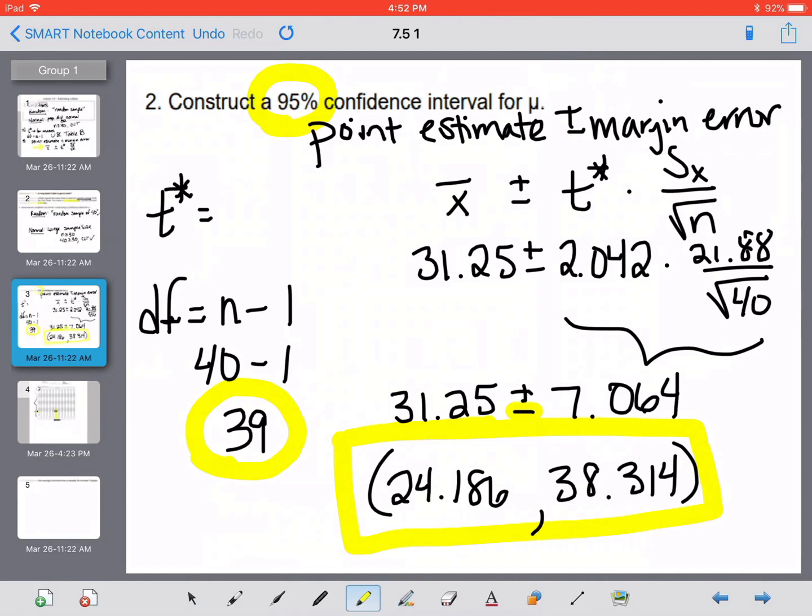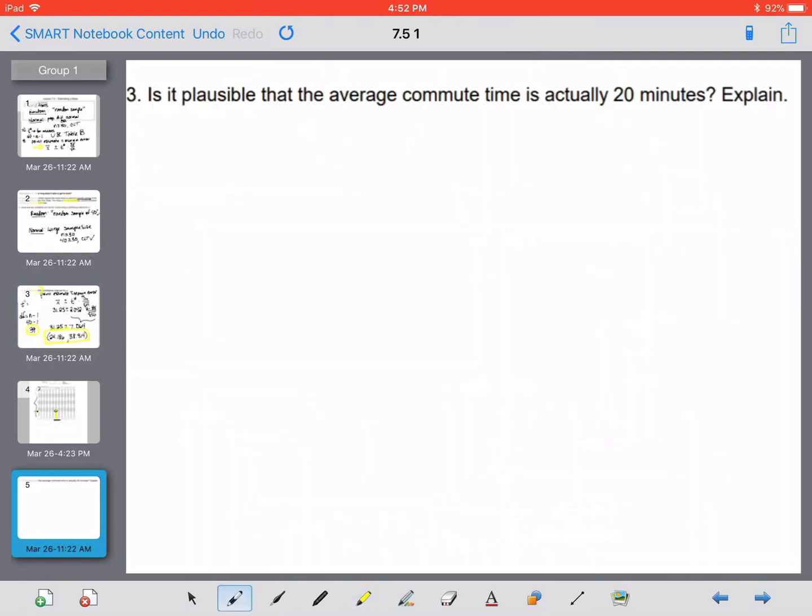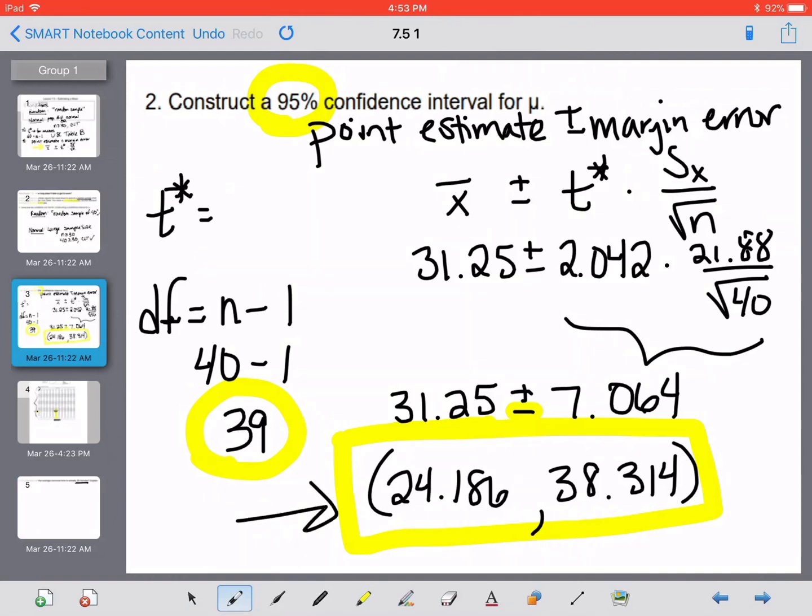Last question, of course, they're going to ask you to analyze something. Is it plausible that the average commute time is actually 20 minutes? If we think about what this confidence interval really means, it means that we're 95% confident, I get the 95 from the 95% confidence interval, that the true average falls between 24.186 and 38.314.